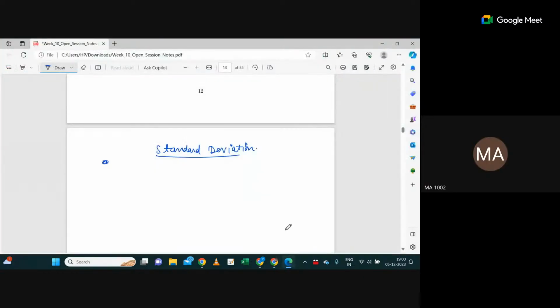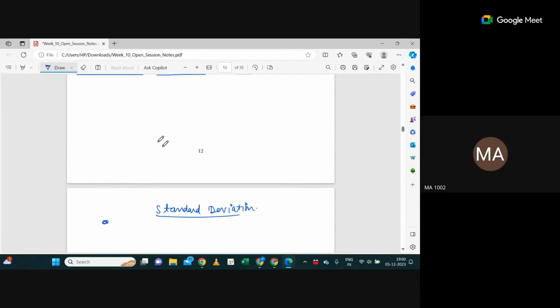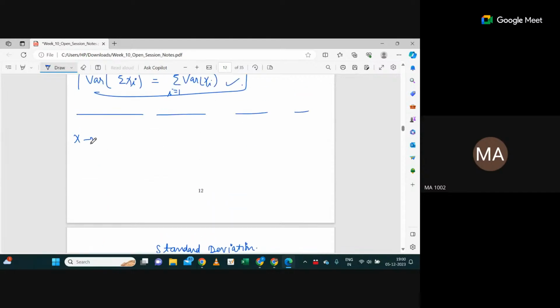Correct. Basically, we are going to get the final answer in the same unit. For example, your x represents the weight of some people. Then the variance of x will come out in kilogram square, but your original data was in kilogram.